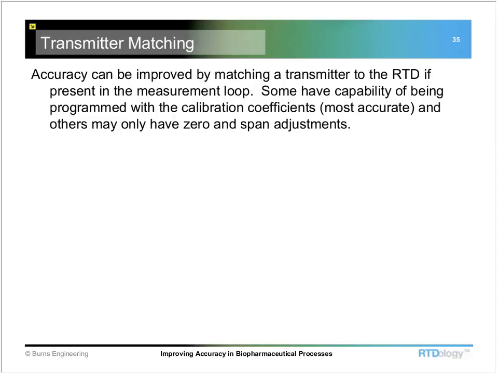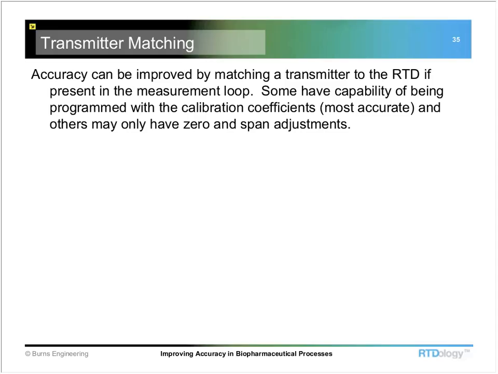Now, one of the easiest ways to improve measurement accuracy is to match the RTD to a transmitter. There are other ways to tune the whole measurement loop. You may have other instruments in there, or it's doing other things, and I'm not going to get into talking about that today.